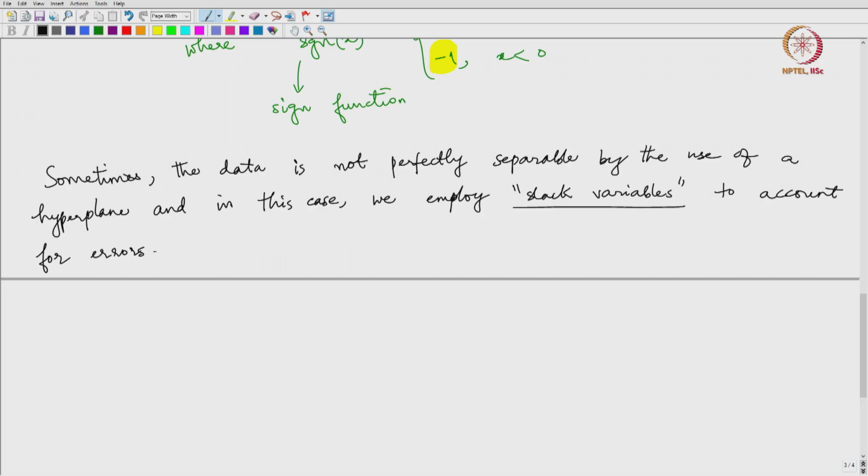Right. Quite literally in English, when you say you have cut someone some slack, you have given them some allowance, right. So, in that spirit we are writing slack variables, right. So, you have given some allowance to the model to make some errors while it is making predictions. So, that is literally the meaning of these slack variables, they allow you to account for errors, and this approach is called soft margin classification.